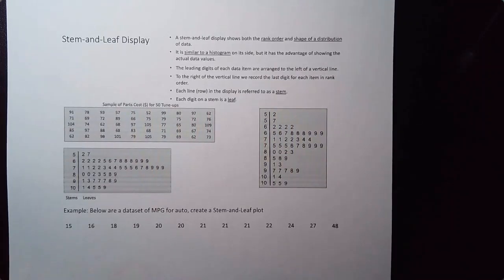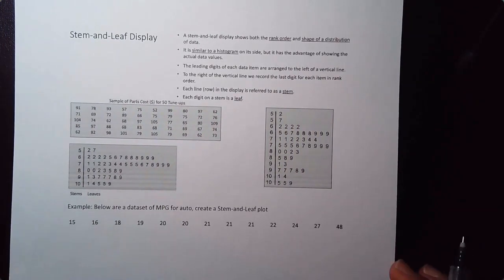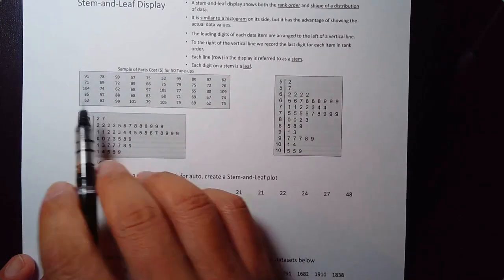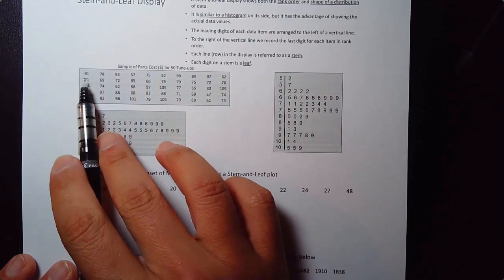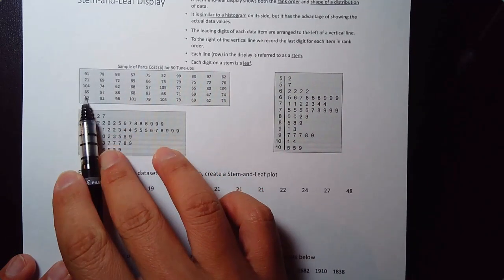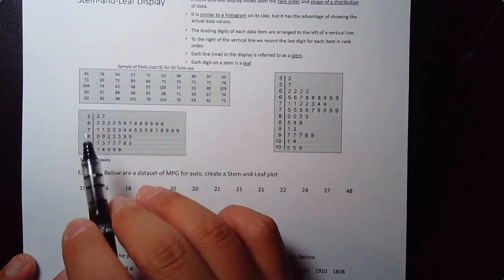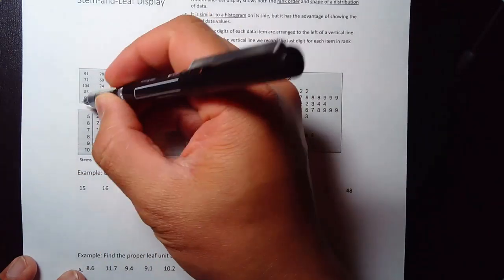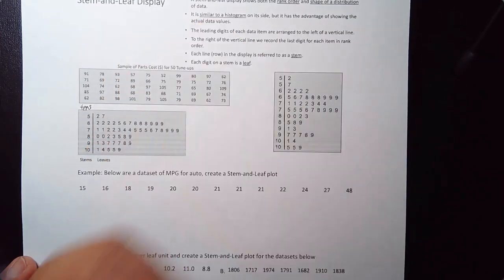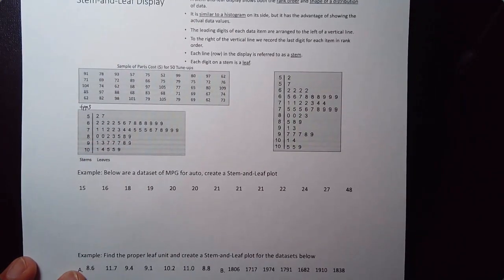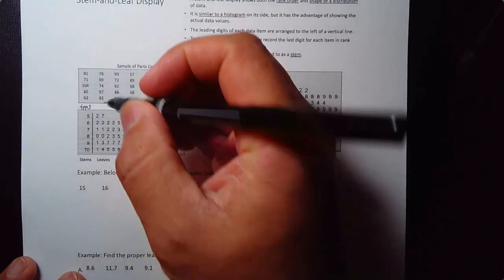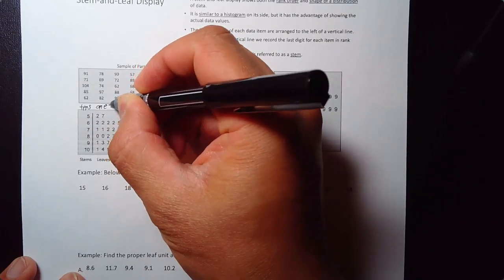The basic idea of the stem and leaf display is very simple. These are 3-digit numbers, so I'm simply going to use the tens position as my class, and then the ones are my leaves.